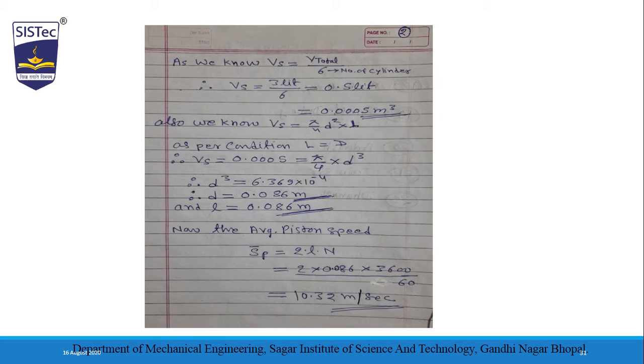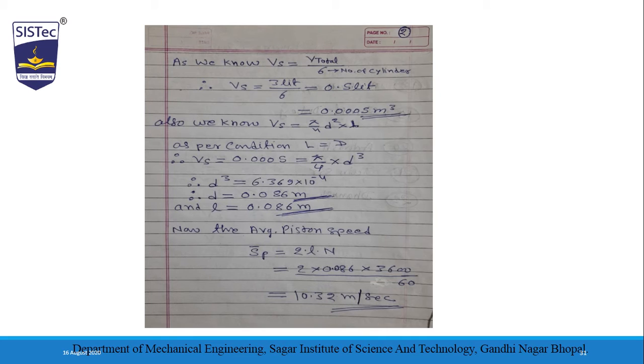Converting to meter cube, that is 0.0005 meter cube. Also we know the swept volume is pi by 4 d square into L, where d is the bore diameter of the cylinder and L is the stroke length.